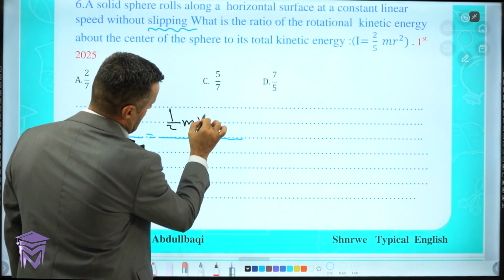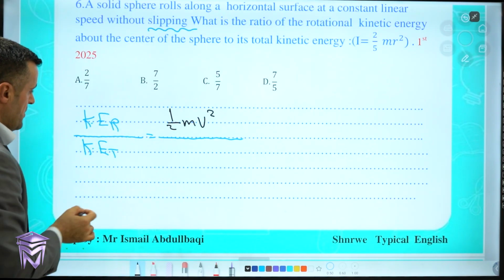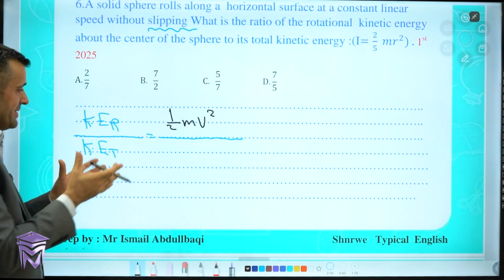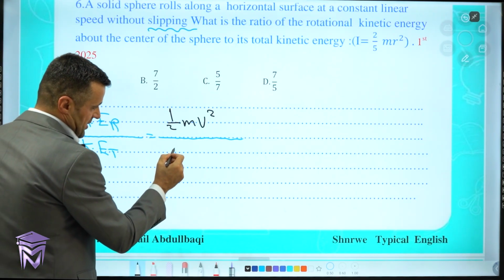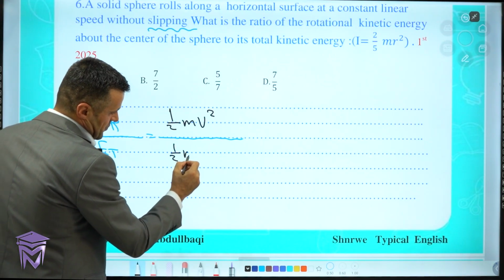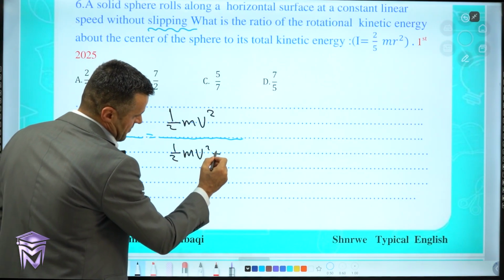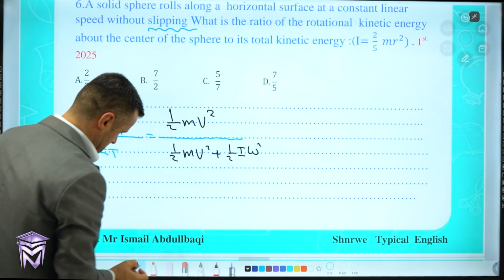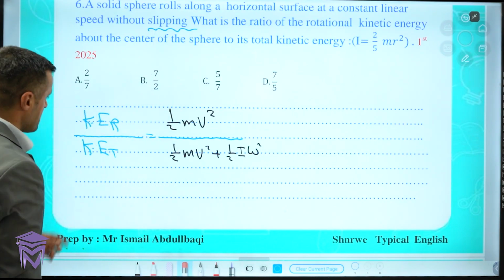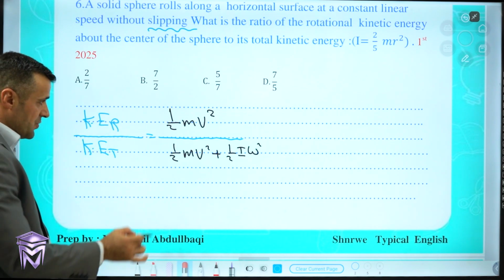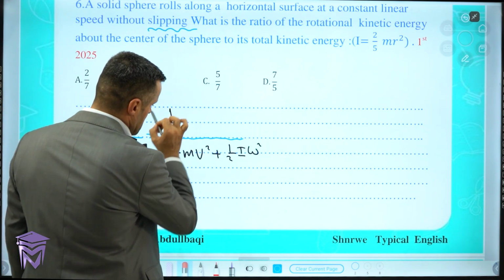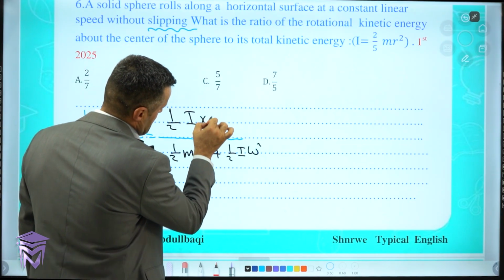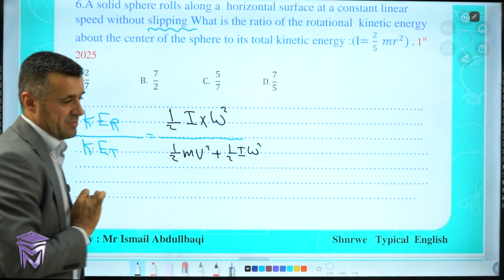The total kinetic energy includes rotational and translational kinetic energy: 1/2 m v power 2 plus 1/2 I omega square. The rotational kinetic energy equals 1/2 I times omega power 2.